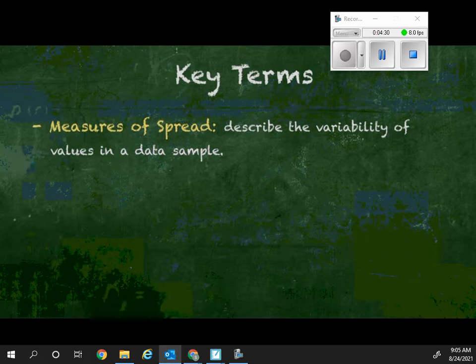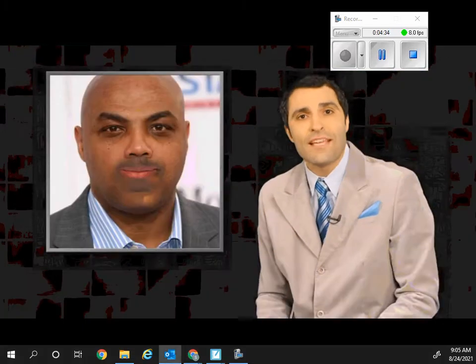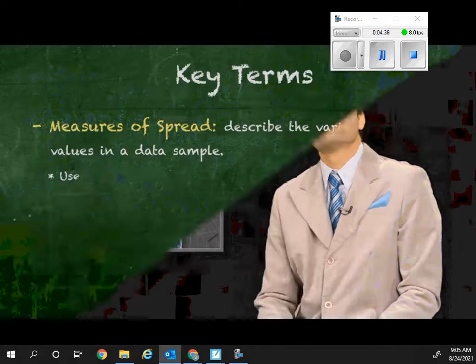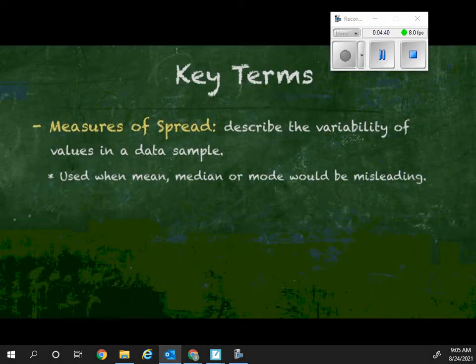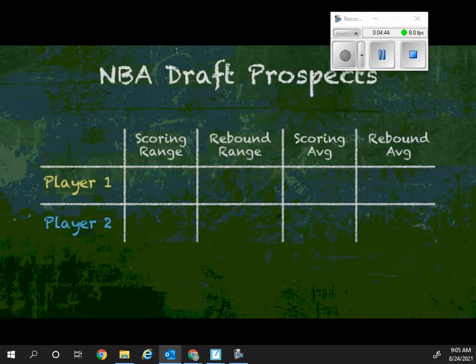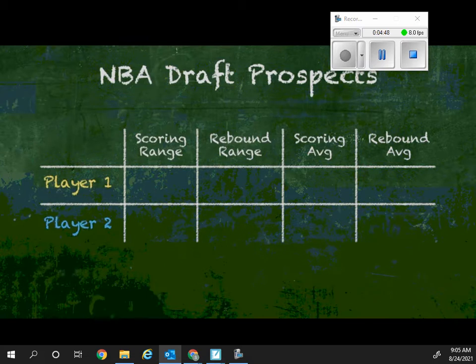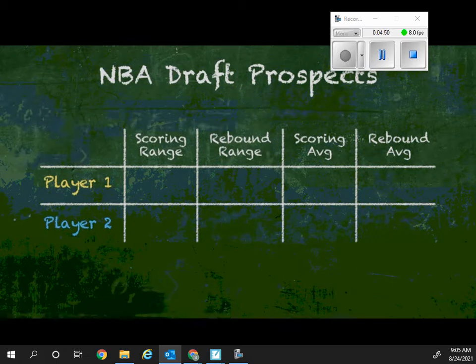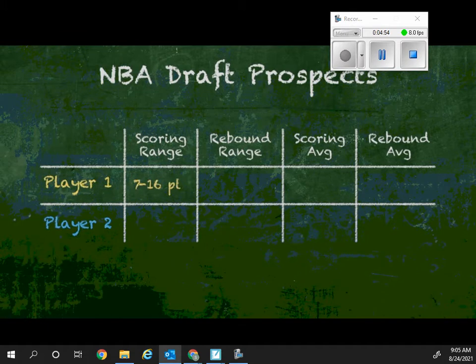So tell me, Charles, when would we use measures of spread in statistical calculation? When using measures of center, like mean, median, and mode, would be misleading by themselves. Take the NBA draft. Let's say you're considering two players for the same position. One is extremely consistent. Each game he scores between 7 and 16 points and has 4 to 5 rebounds.